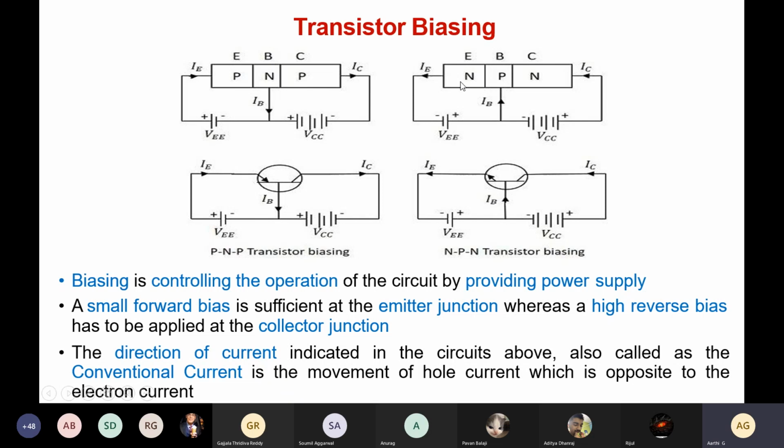Similarly, for the NPN, it is from collector to emitter. This is the conventional current flow. If you want, you can draw this circuit, and the second circuit as well.